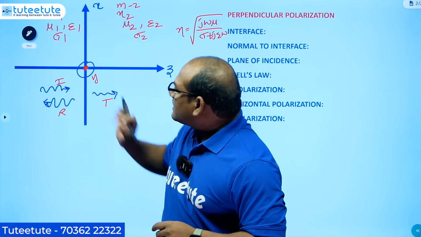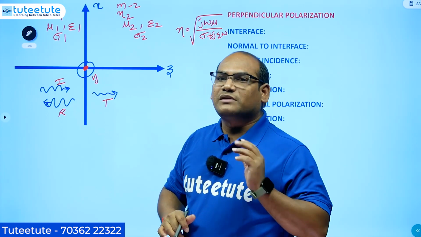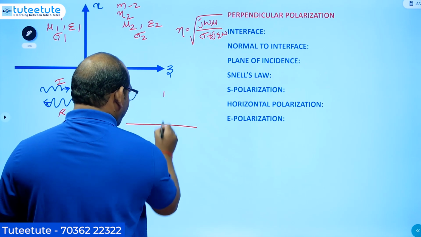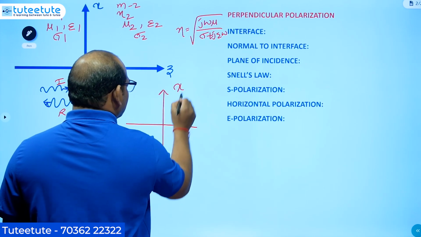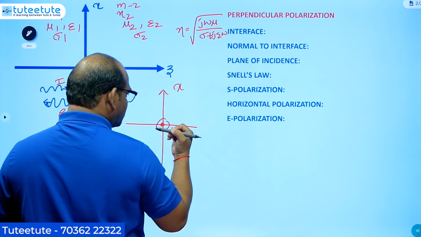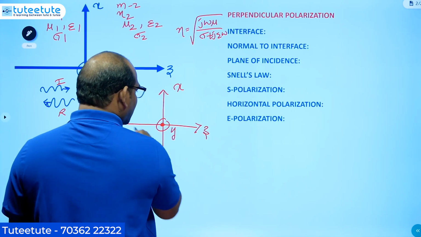So in medium 1 we have one particular electromagnetic wave incident. Now I am taking it like this. I have just redrawn the boundary here. This is the X axis, the Y axis is coming towards you, and this is the normal.